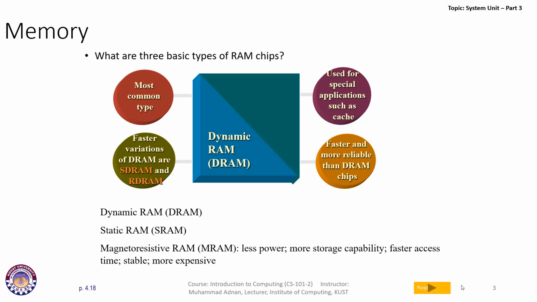The system unit has a memory, and this memory plays a very important role in increasing the processing speed or the performance of a computer system. Remember, if the computer is performing poorly, people are not going to use it.